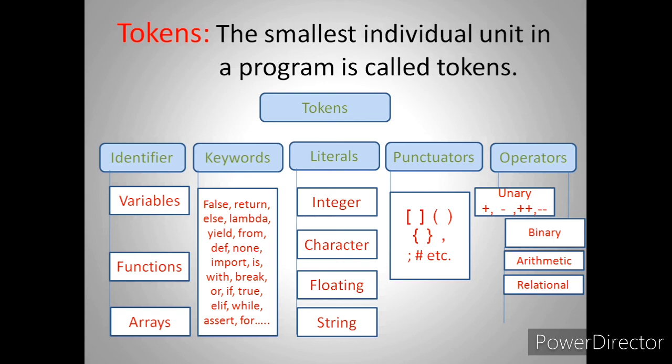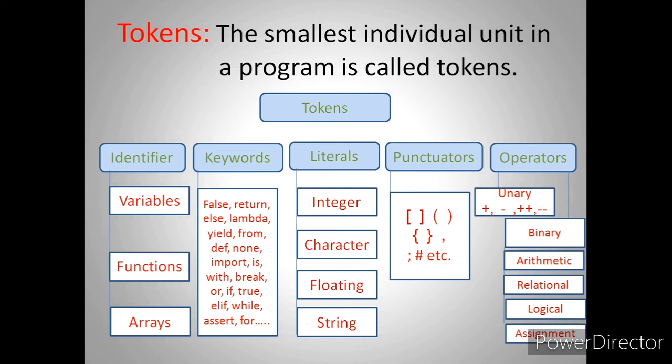If I say, is A greater than B or not, we are finding the relationship between A and B. Then we have the logical operators. As we discussed in Boolean algebra, the logical operators are and, or, not, nor, XOR. We have seen in each and every case the way of executing the AND, OR and NOT operators.